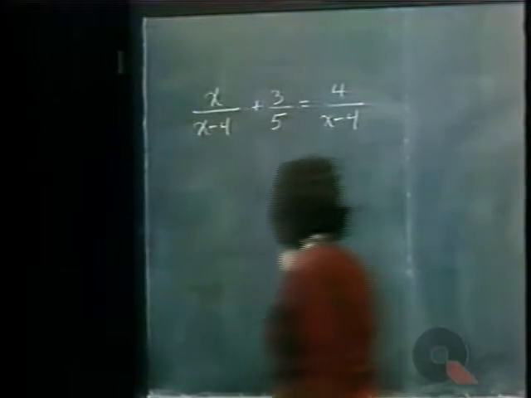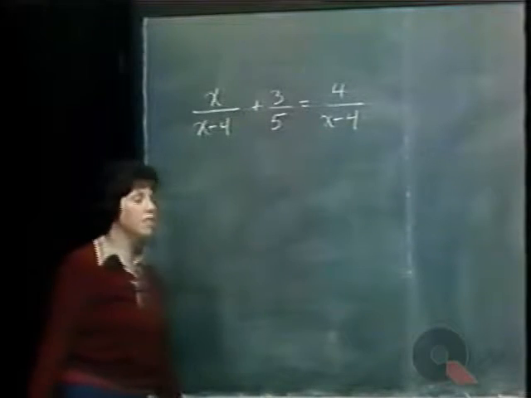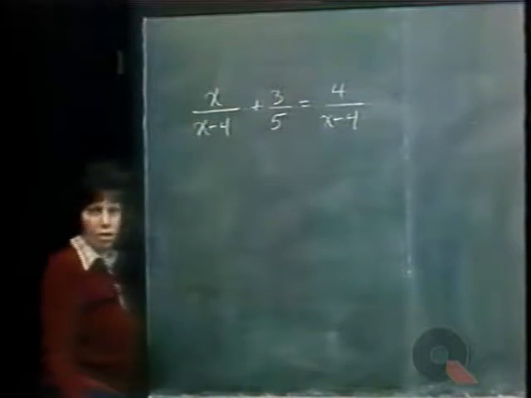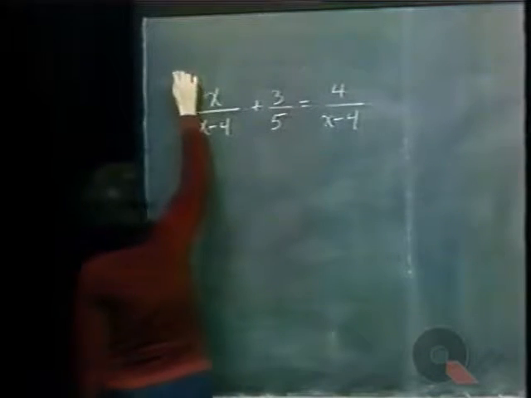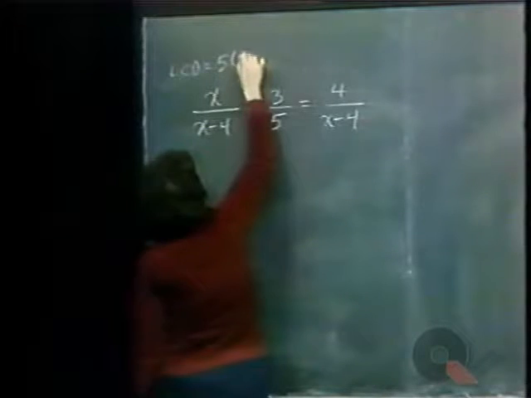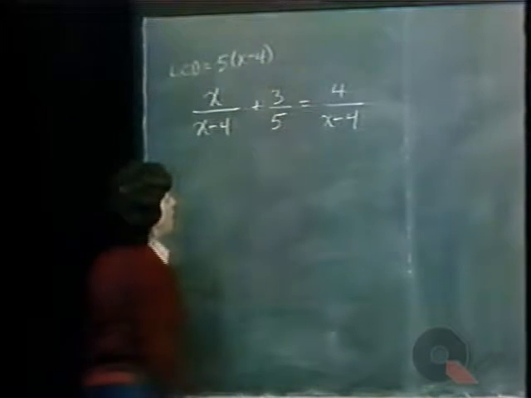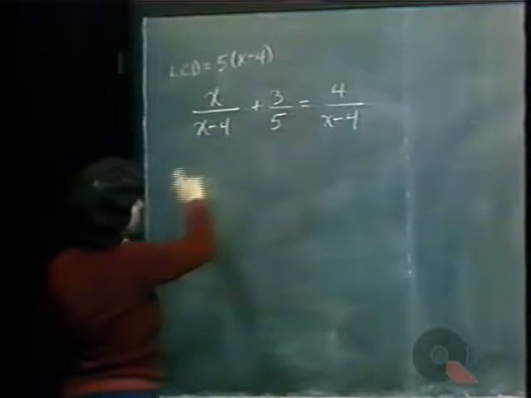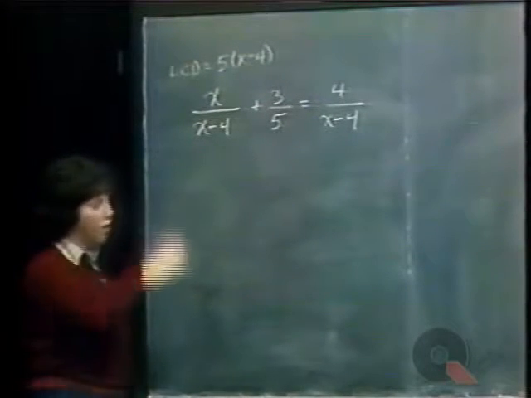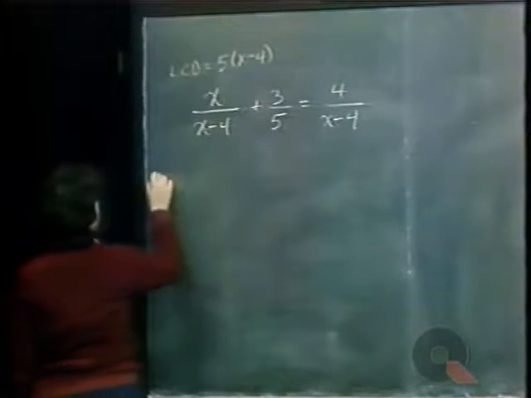Okay, in this particular problem, it's fairly obvious what the LCD is. It is simply 5 times x minus 4. All the denominators are already factored. So we will multiply each and every term by 5 times x minus 4. Multiply both sides of the equation by 5 times x minus 4.